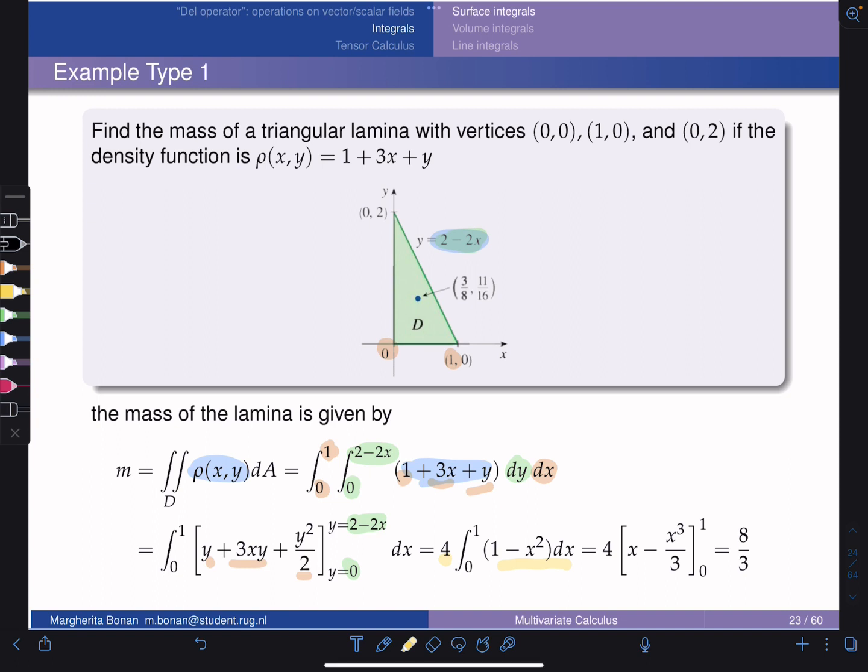Integrating further, we get x here and minus x cubed over 3 here, with bounds 0 and 1. Substituting further will give us 8/3.